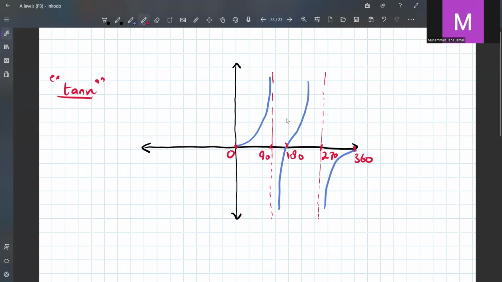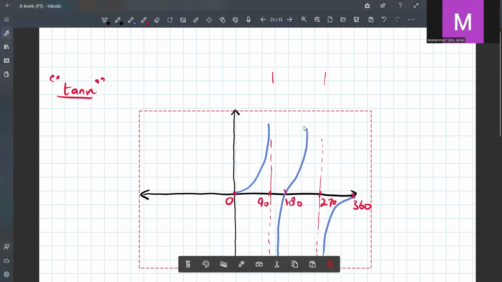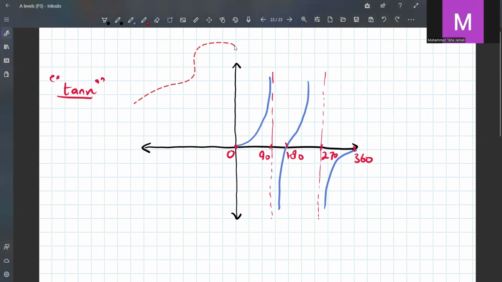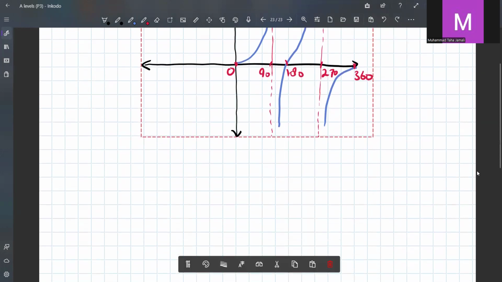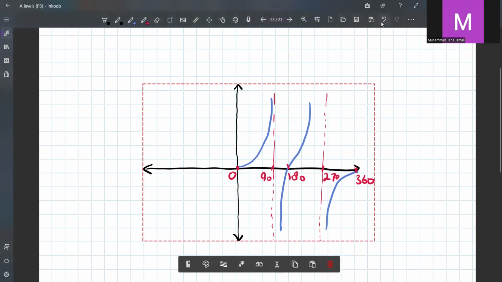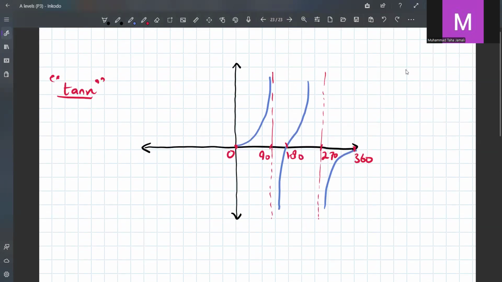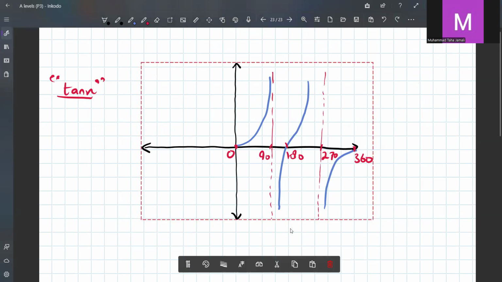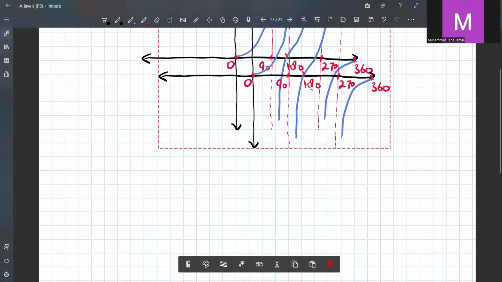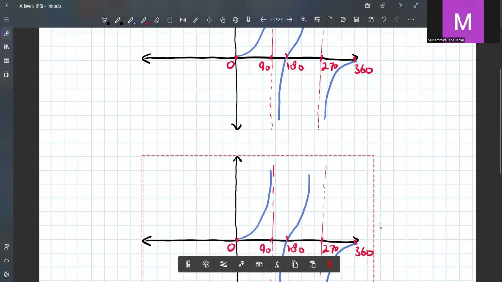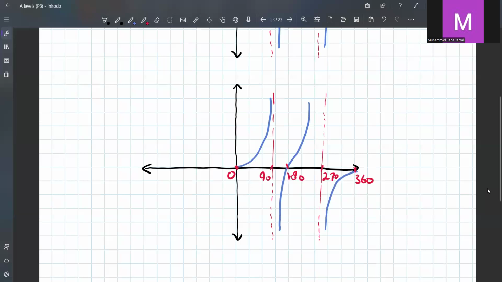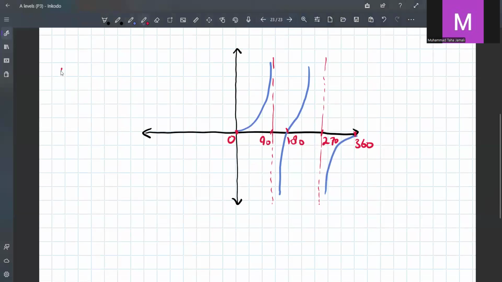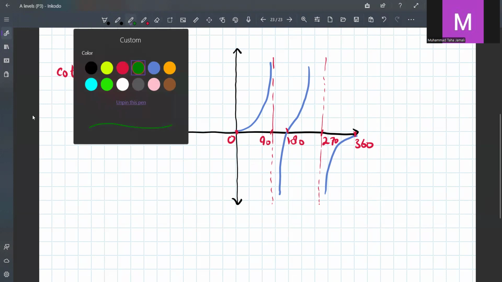Now the graph for cot x. We know that cot x is 1 upon tan x. So the graph for cot x will look like this.